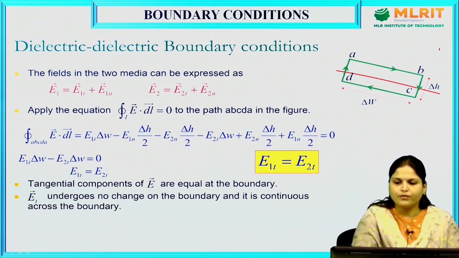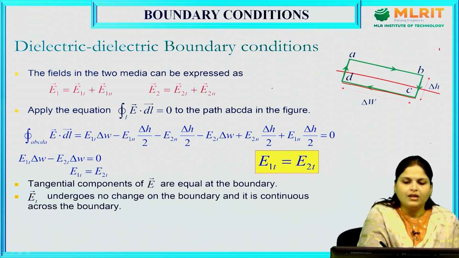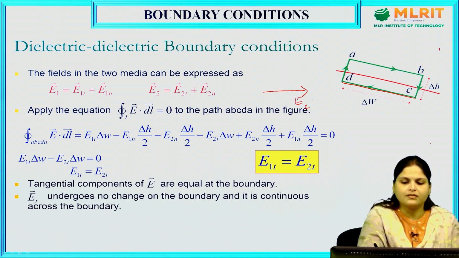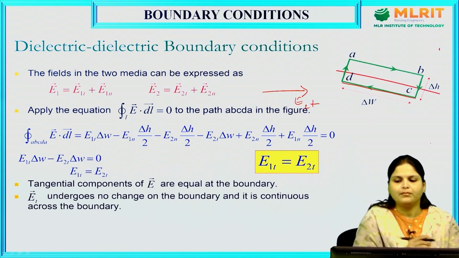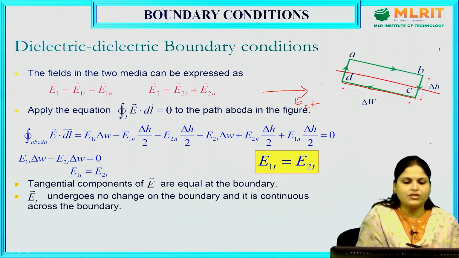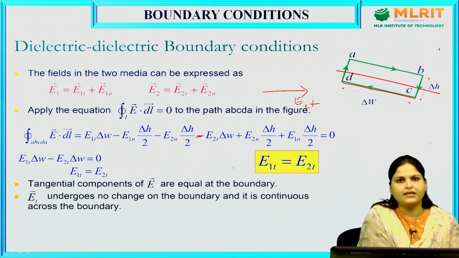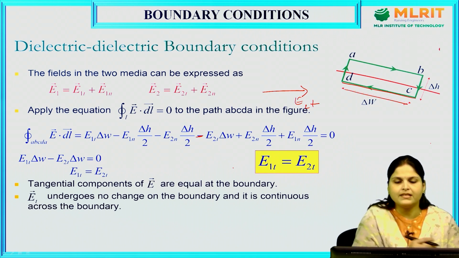Now let us move to this portion C to D. Now again the tangential component in field 2 is this E2t, but the movement is in the opposite direction, so again this E2t will be taken as negative and dl will be taken as del w.